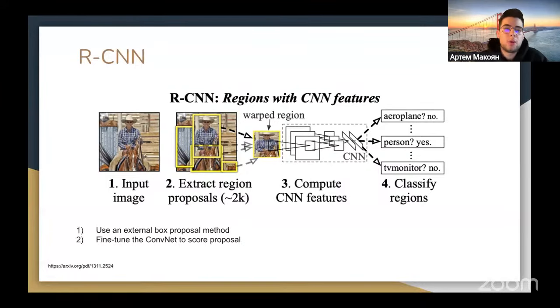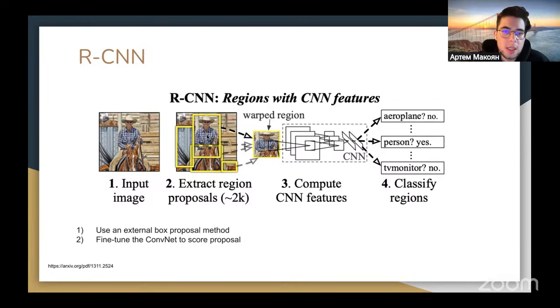In the vanilla approach, the proposals were not made with machine learning. There were classic algorithms. The idea is, for example, to join pixels with the same color, and then we get regions of the same object. For example, we will get a region of shirt, region of head, region of face, and big regions will be covered by a bounding box, and this is a proposal of a bounding box.